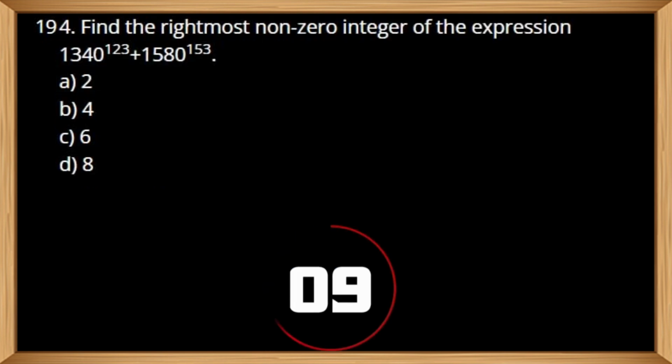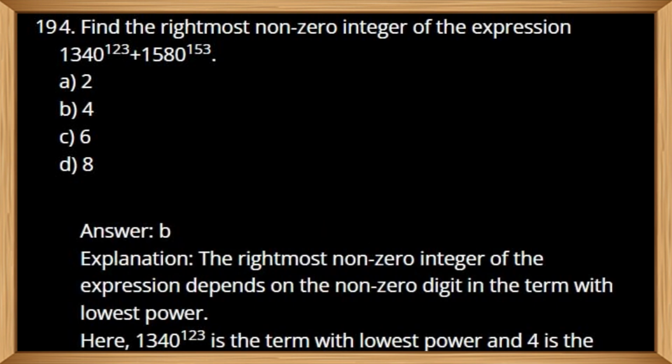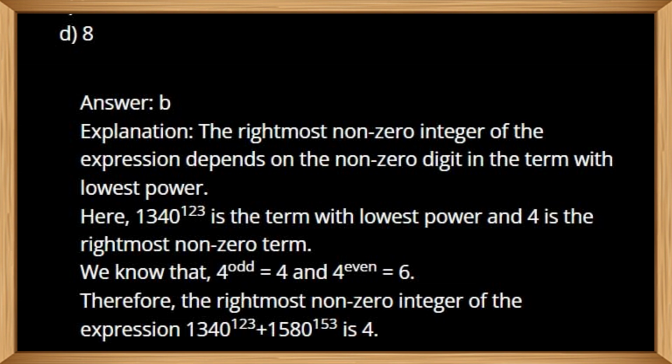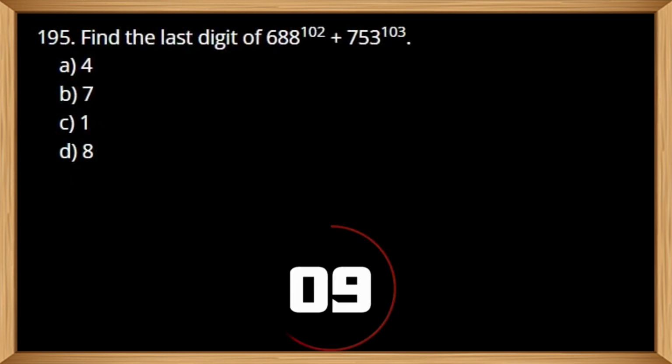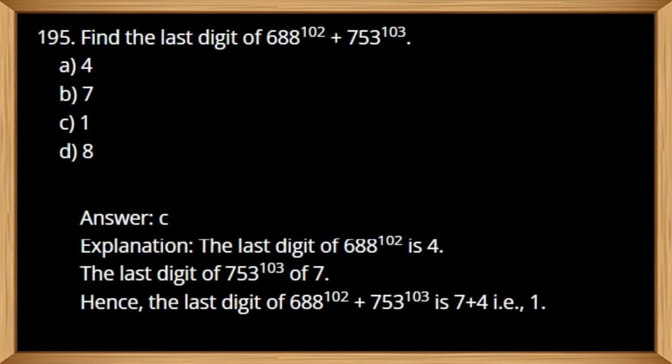Find the rightmost non-zero digit of the expression 1340 power 123 plus 1580 power 153. B 4. Find the last digit of 688 power 102 plus 753 power 103. Option C 1.